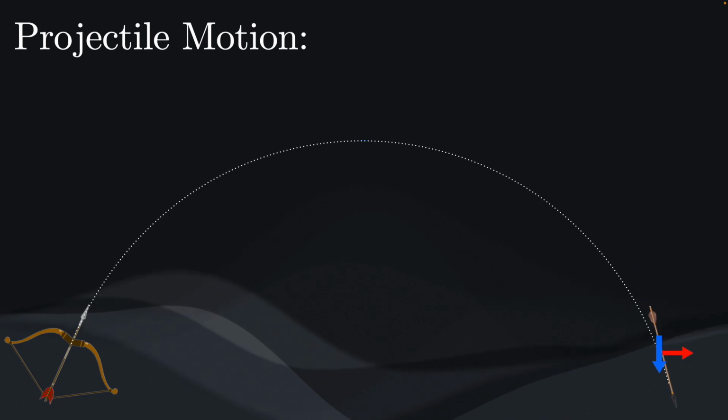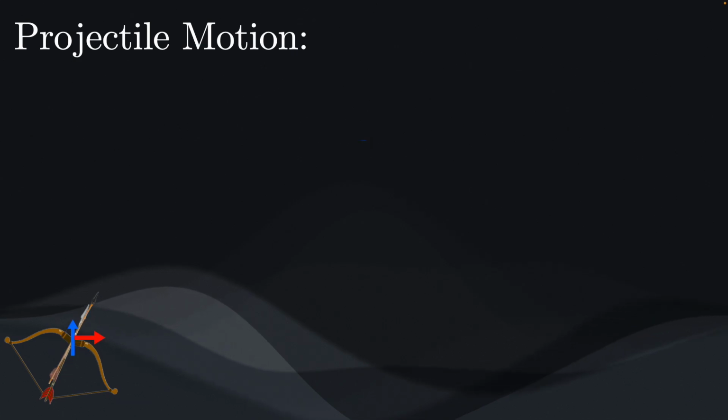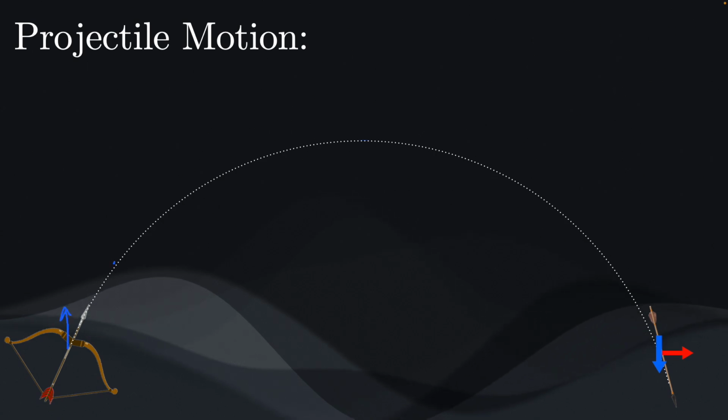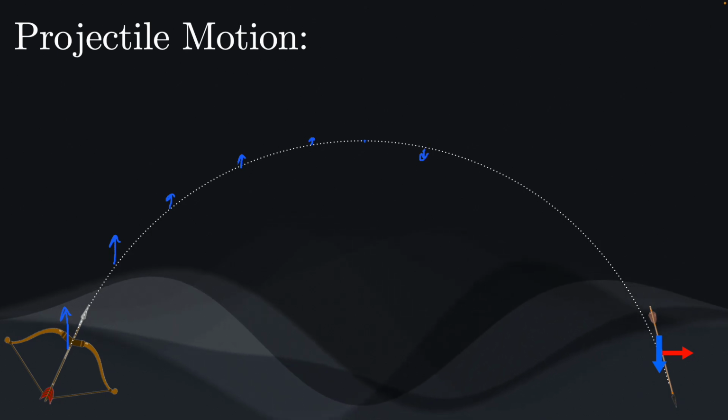So the horizontal velocity of the arrow stays constant. But the vertical velocity starts off like this, and as it goes up, it constantly decreases. It continues decreasing until it becomes negative.